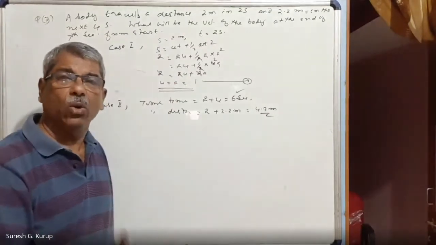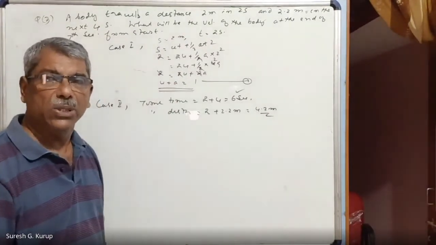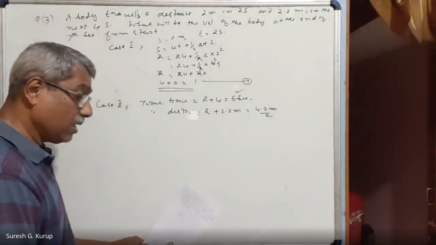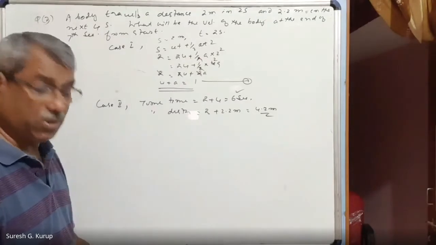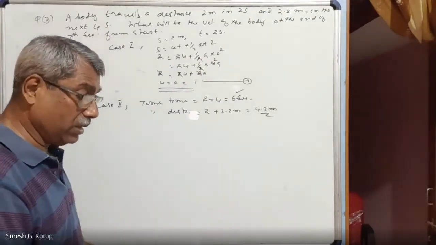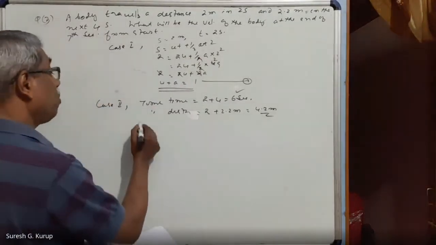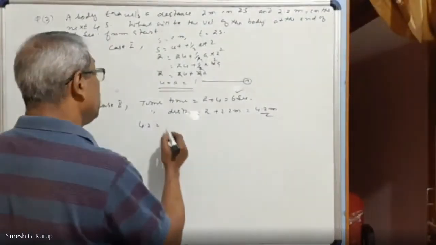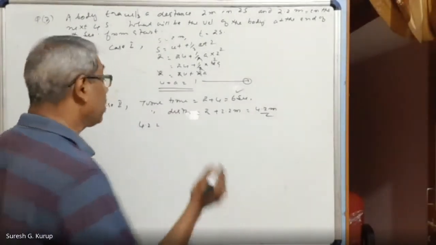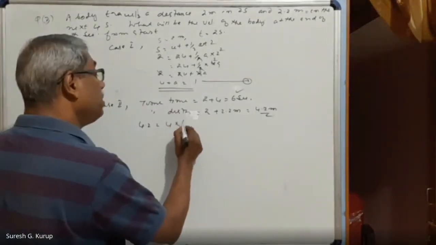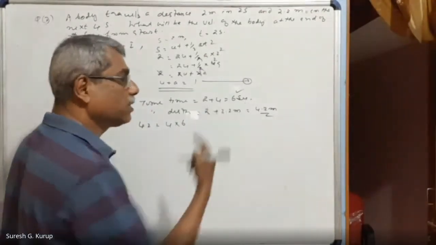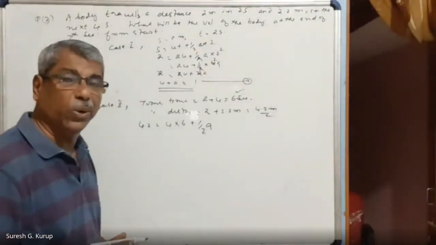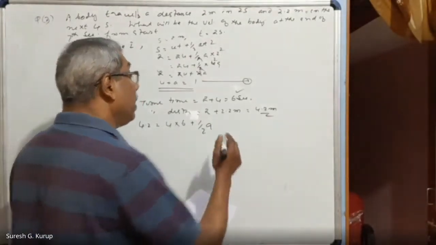Now we will take total time and total distance from the start and form another equation. Another expression we are getting: 4.2, the total distance traveled in 6 seconds, is equal to ut plus half at square. U we don't know, into t means 6 seconds, plus half into a, also we don't know, into t square.